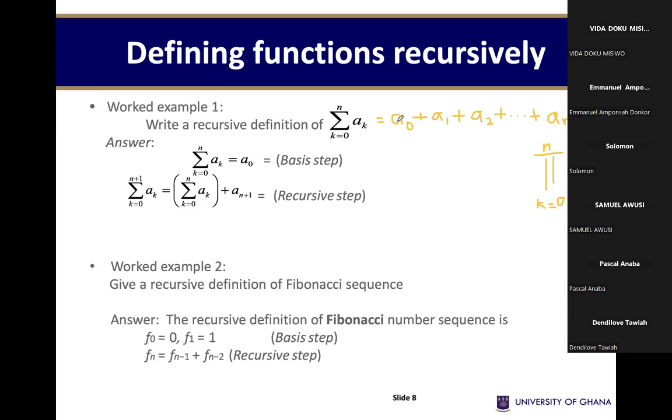If I'm at 0, I increment by 1 to get A1. If I'm at 1, I increment by 1 to get A2. So I pick the initial step, which is what you are seeing here, and I add on another subsequent value, which would have been just A1.